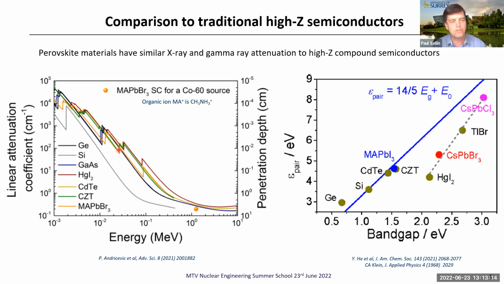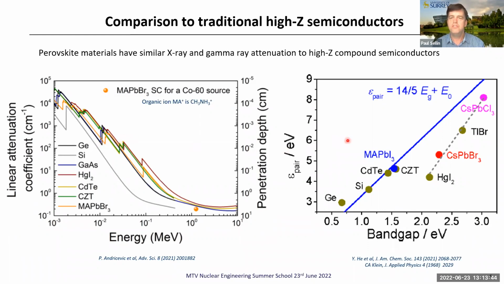But we've included on the graph the new perovskite material, MA lead bromide, and you can see actually in several energy regions, it is pretty similar, if not slightly outperforming CZT. And of course, the reason for that is it's got lead in it. So lead is primarily driving the high attenuation coefficient for X-rays and gamma rays due to the presence of lead.